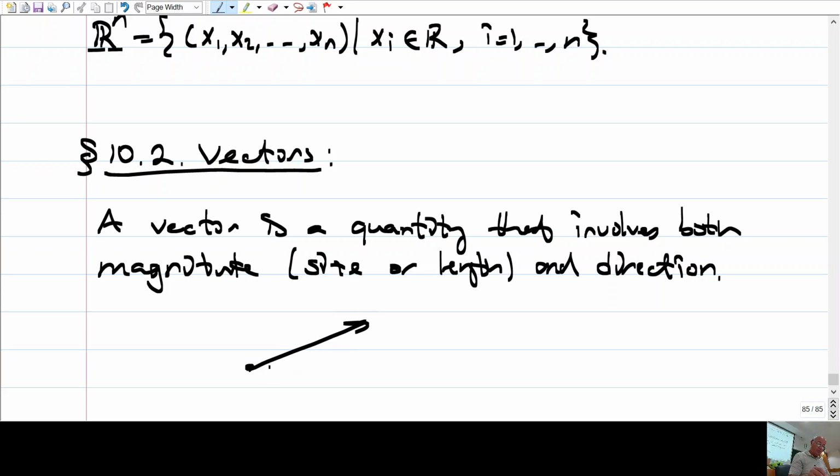You are going in this direction with a certain speed. The size or length corresponds to the length of this velocity vector, and direction just gives you the direction in which you move.